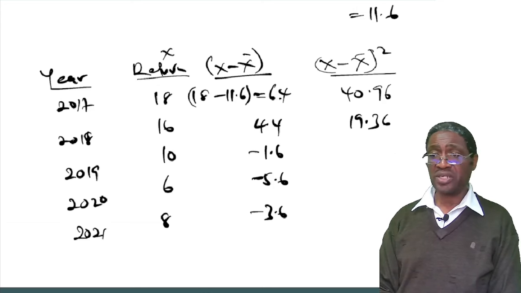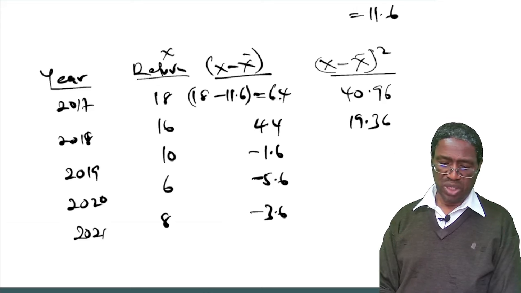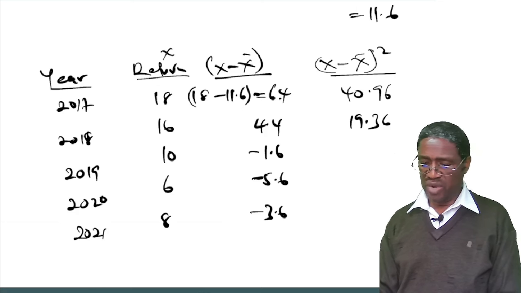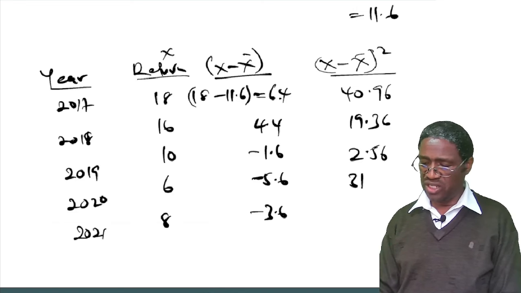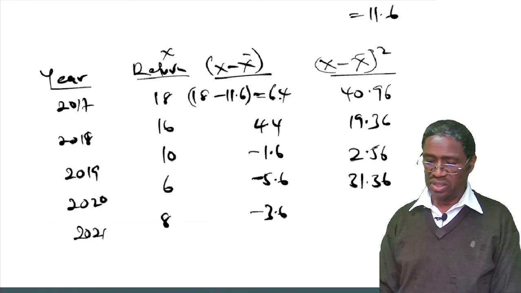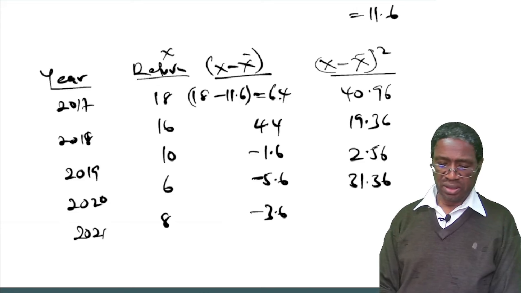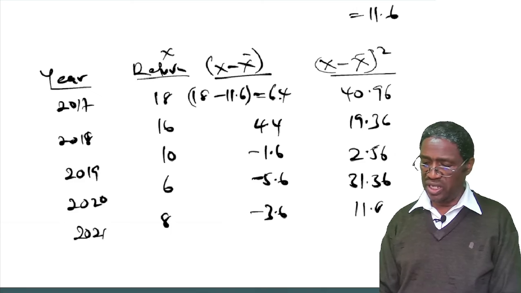Next one is 1.6 times 1.6, that's about 2.56. Next one is 5.6 times 5.6, that's about 31.36. Finally, 3.6 times 3.6, that's about 11.88.